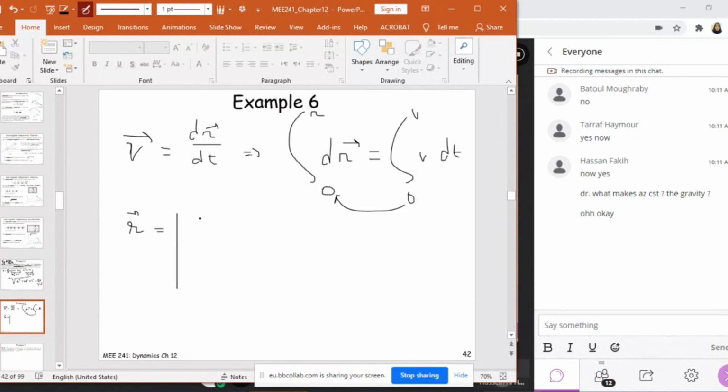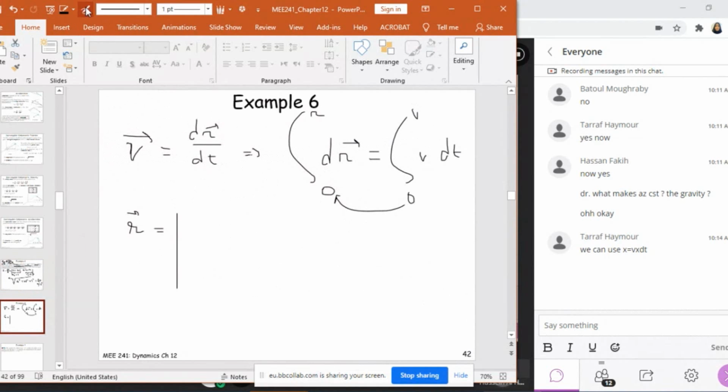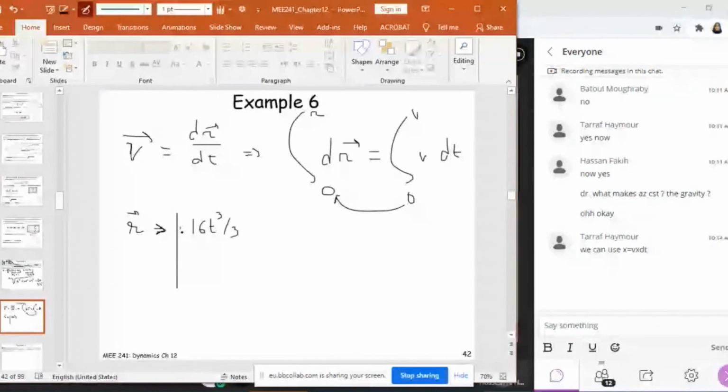If I need to find x, I should do the integration of this vx. Now, what is the integration of this? It is 16 t cubed over 3, and I'm going to say this is x.